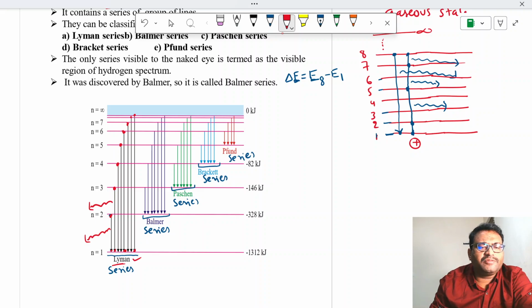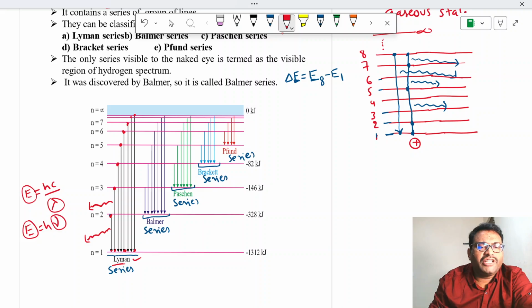And a spectral line means it has some energy. From Planck's quantum theory we have studied that E is equal to hc by lambda, or E is equal to h nu. For every energy you have some wavelength associated with it, and for every energy there is some frequency associated with it. That means this spectral line, as it has energy, is associated with a wavelength as well as some frequency.